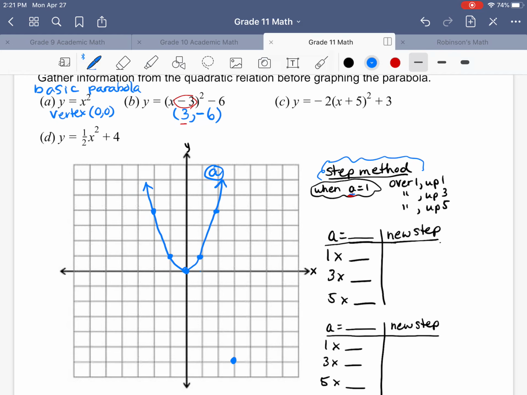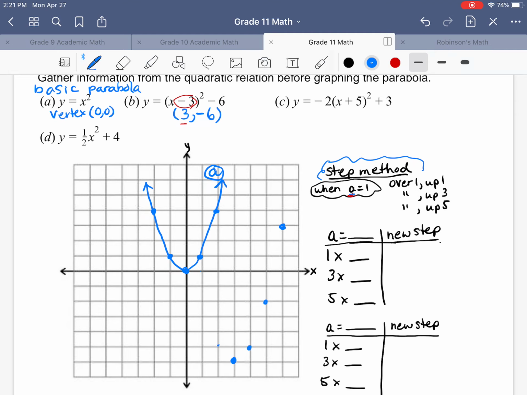Now, for this relation, our A value is 1 as well, so our step method stays the same as before. So we go over 1, up 1 point, over 1, up 3 point, and in this case we have room to do another one. So over 1, up 5 point. And we do the same thing on the left-hand side.